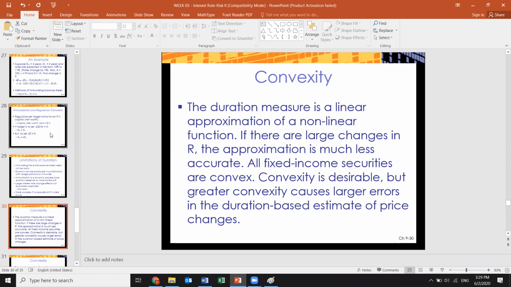If there are large changes in interest rate, the approximation is much less accurate. So you need to be very careful when you do the economic interpretation of your results. All fixed income securities are convex, and convexity is desirable, but greater convexity causes larger error in duration-based estimates of price changes.